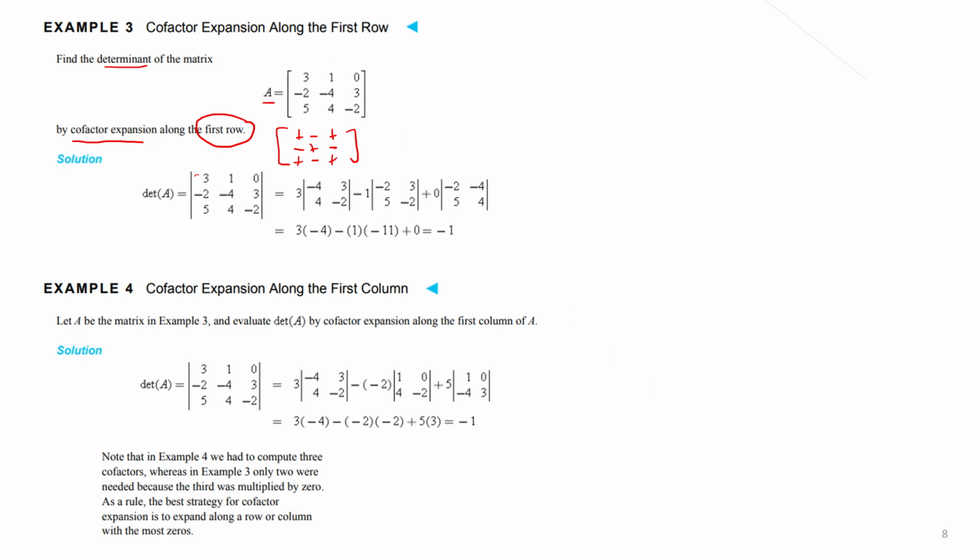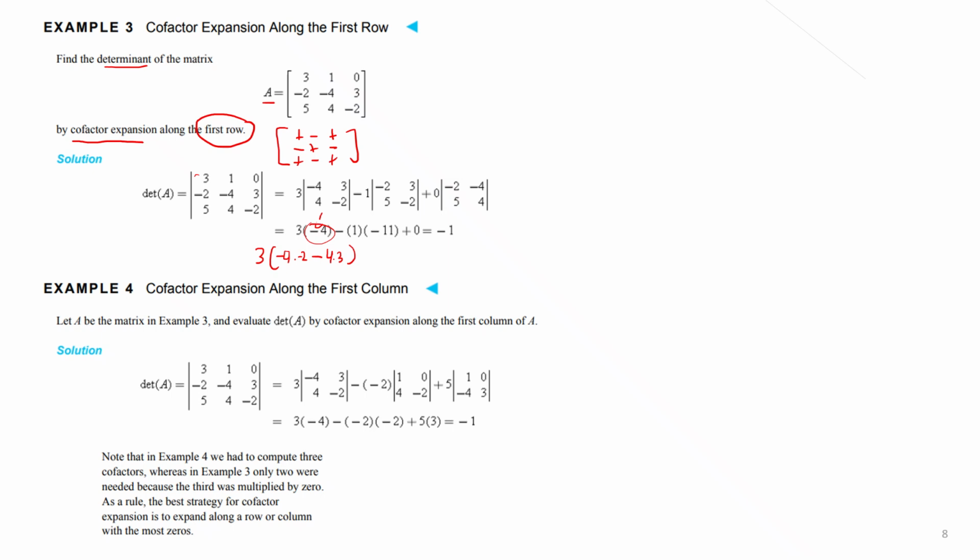So this will be 3 multiplied by, this one minus 4 multiplied by minus 2, so 8, minus 4 multiplied by 3, so it will be 12, minus, sorry, 8 minus 12, so the result will be minus 4.